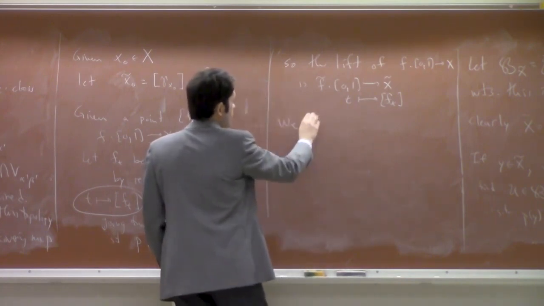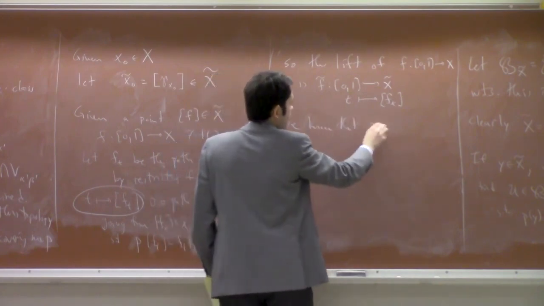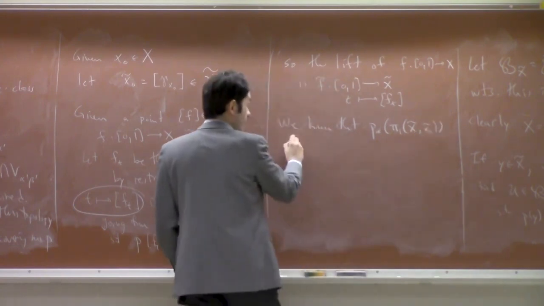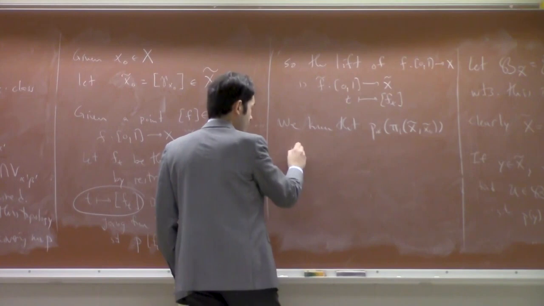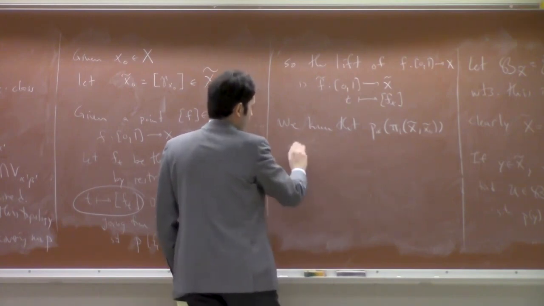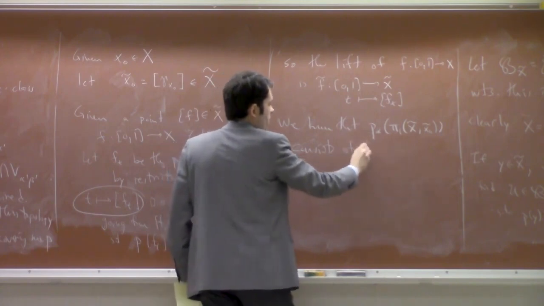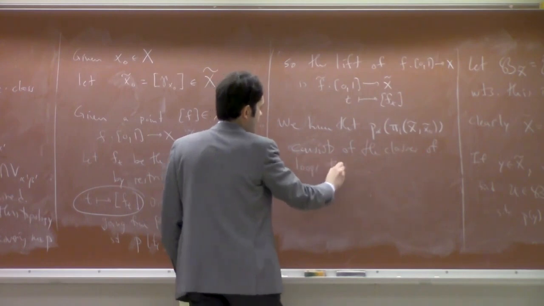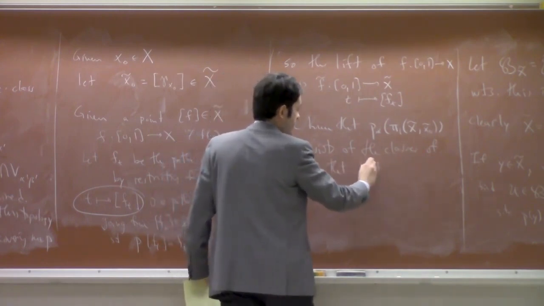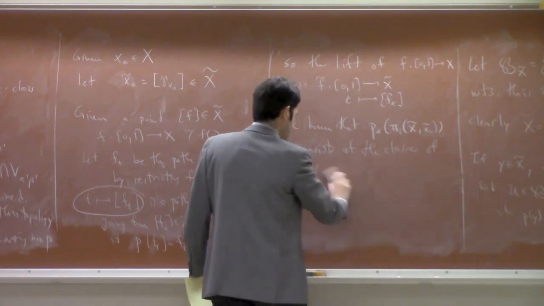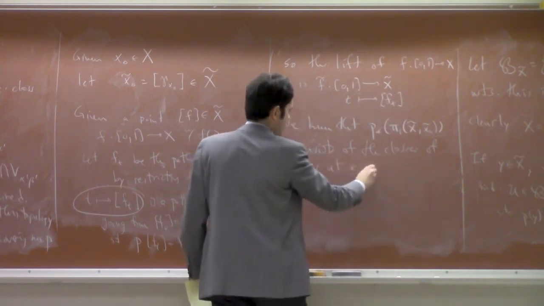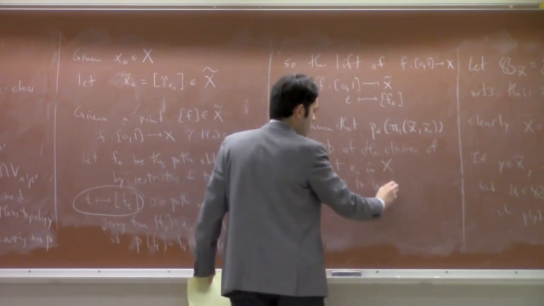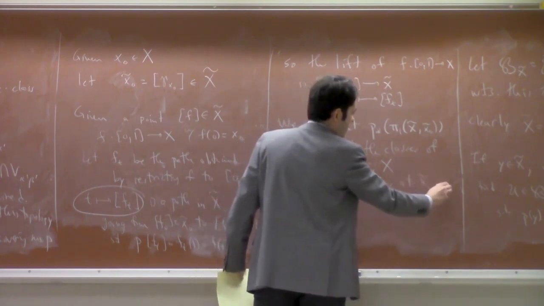Now we know that the image under a covering map consists of the classes of loops that lift loops at X naught in X to loops at X naught tilde in X tilde.